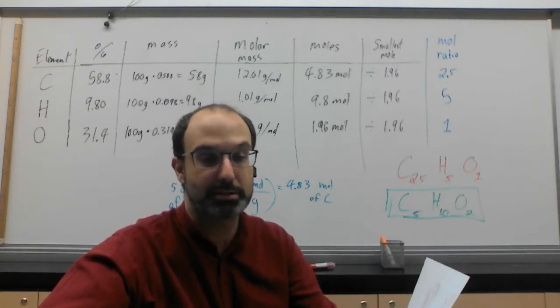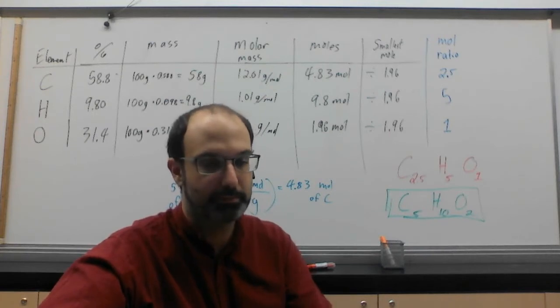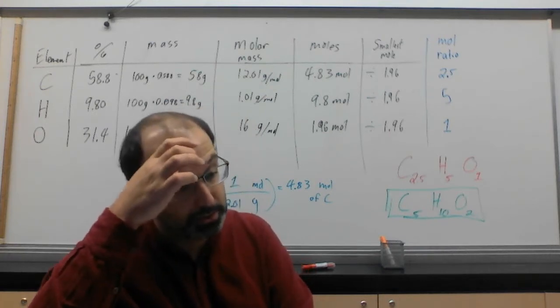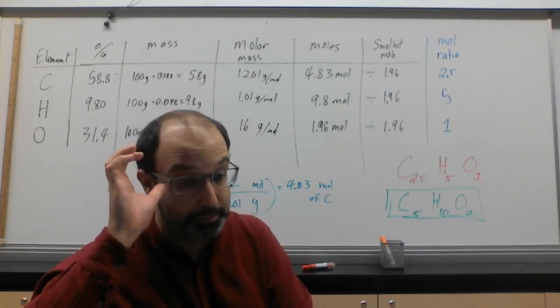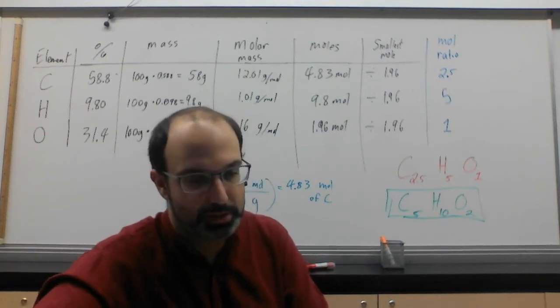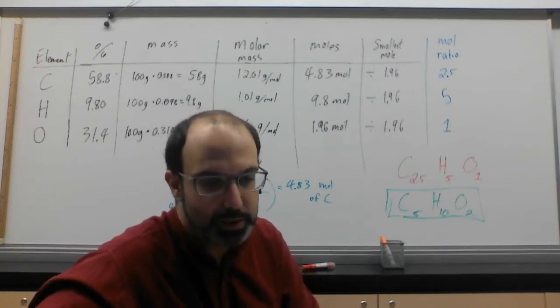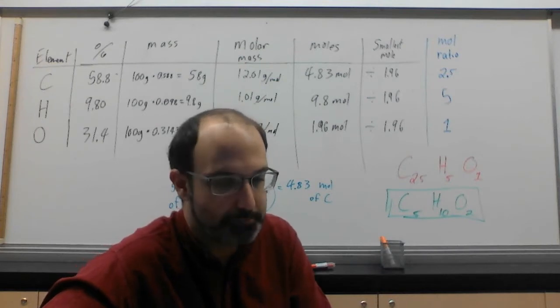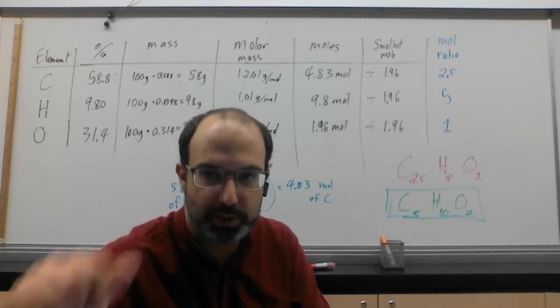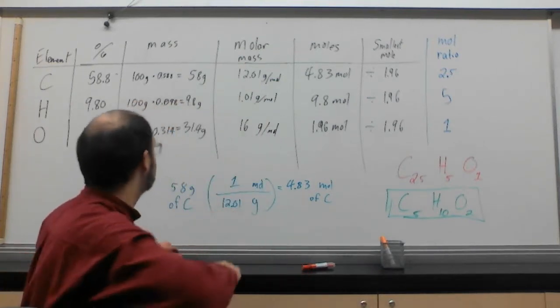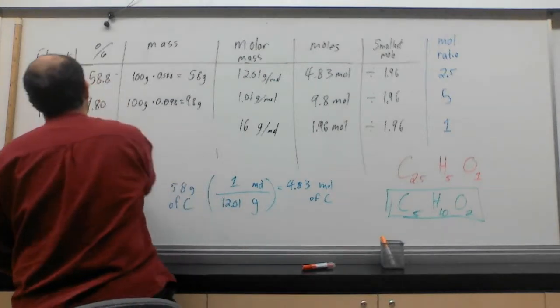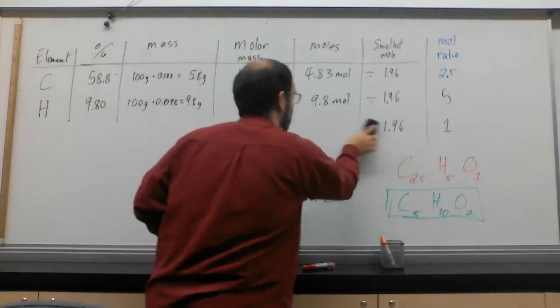I think you can see why it is, and we're going to continue on some other ones. But let's take a look here. If you guys take a look on page 30, there are some examples. And you'll notice that the first one is 75% carbon, 25% hydrogen. Okay. We'll use the same table. Just going to erase one of the rows. We don't need oxygen anymore.